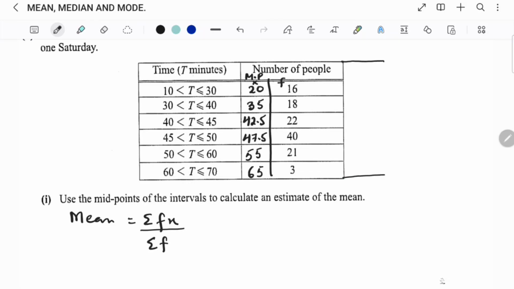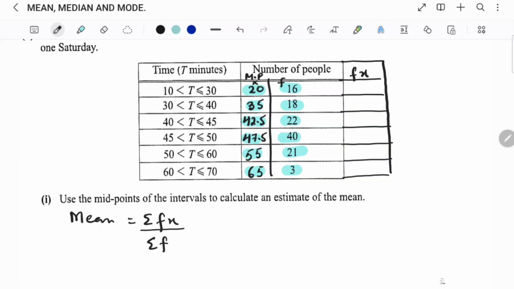It's easy. You can do it like this also. This is fx. With x and f, we are going to multiply these two, these two, these two, and you don't take the range for calculating the x value.